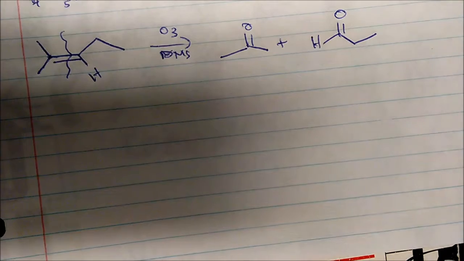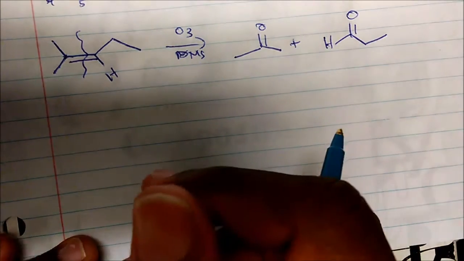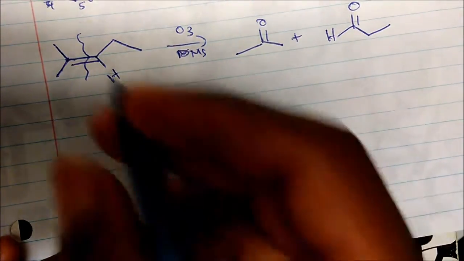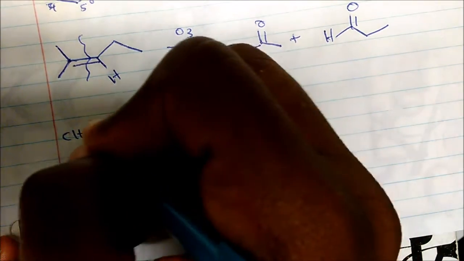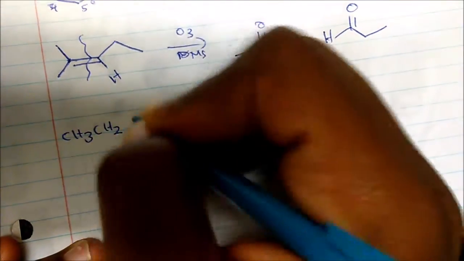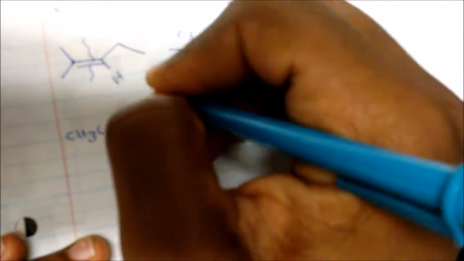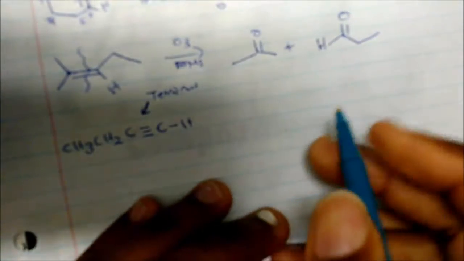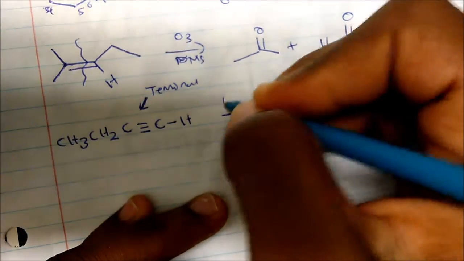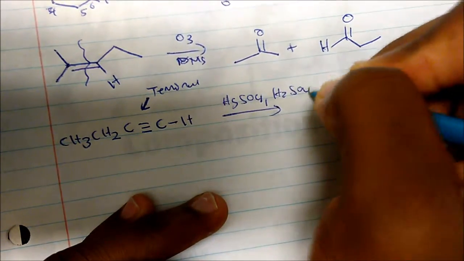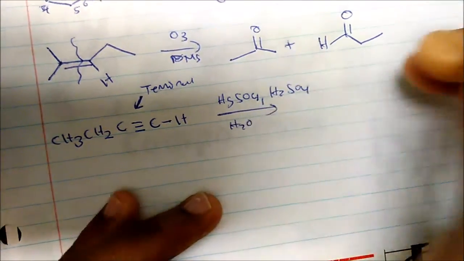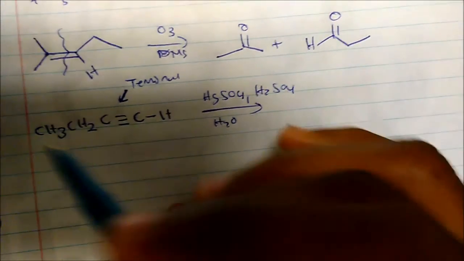Now, there's another very important one that we need to know, and it's the chemistry of alkynes. If I take this molecule, and it could be any alkyne, but it has to be terminal, and I add this reagent, AgSO4 and sulfuric acid and water, I'll get the ketone product.